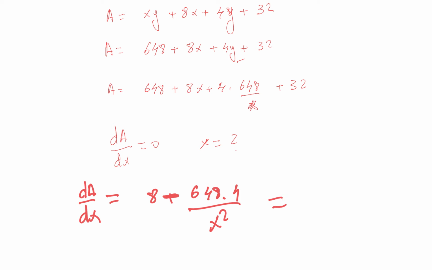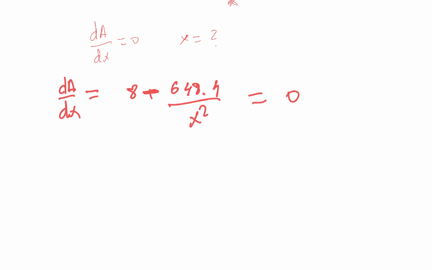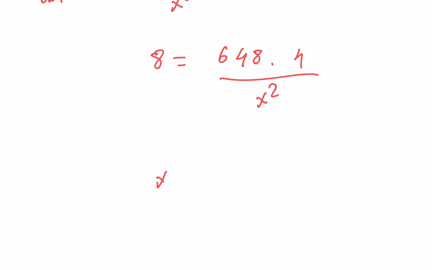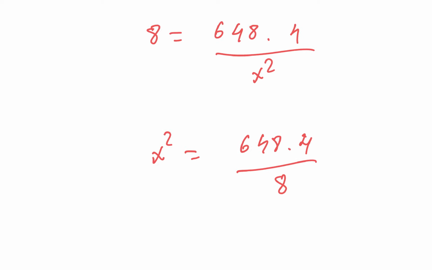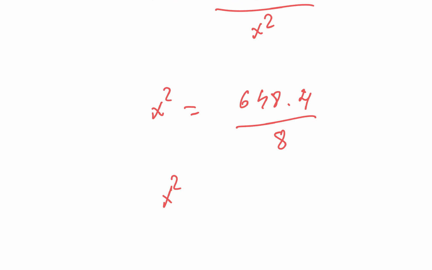And I want to make this equal 0. So 8 is 648 multiplied by 4 divided by x squared. So x squared is 648 multiplied by 4 divided by 8. 4 divided by 8 is a half. So x squared is 648 divided by 2, or 324.